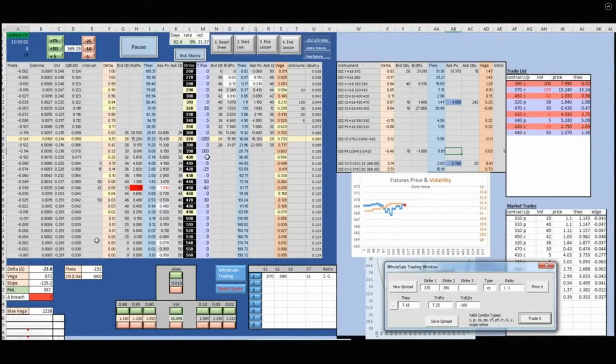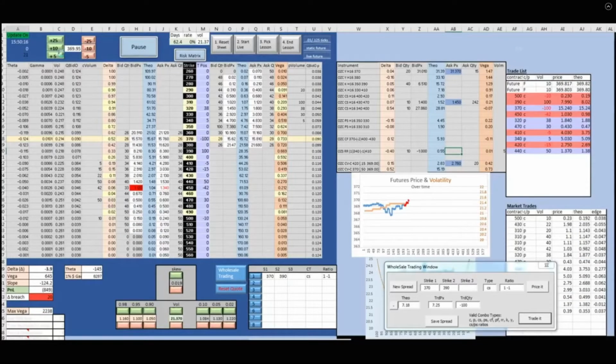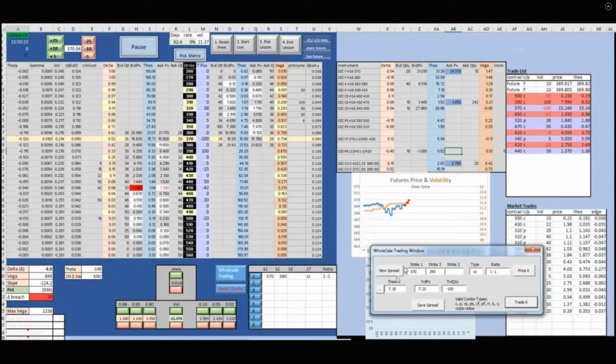Your Greeks also change, so this is selling deltas, and it'll also go into your trade list there. The next thing you would want to do is buy futures to decrease your delta. And finally, you can clear the spread and get ready for the next one.